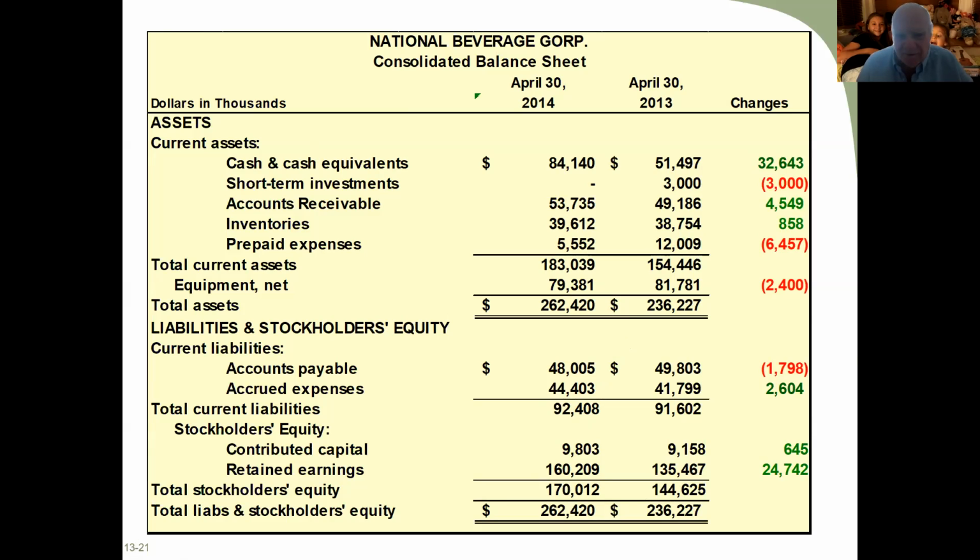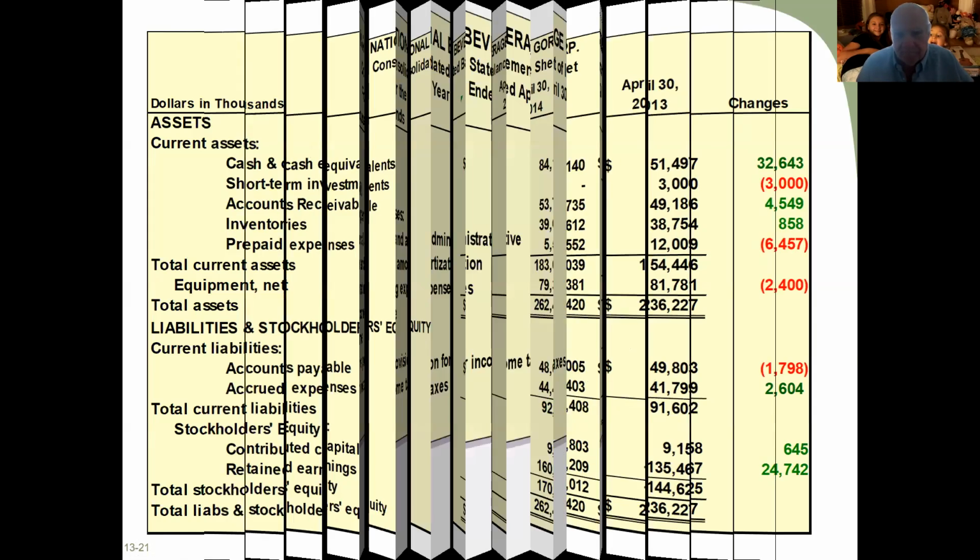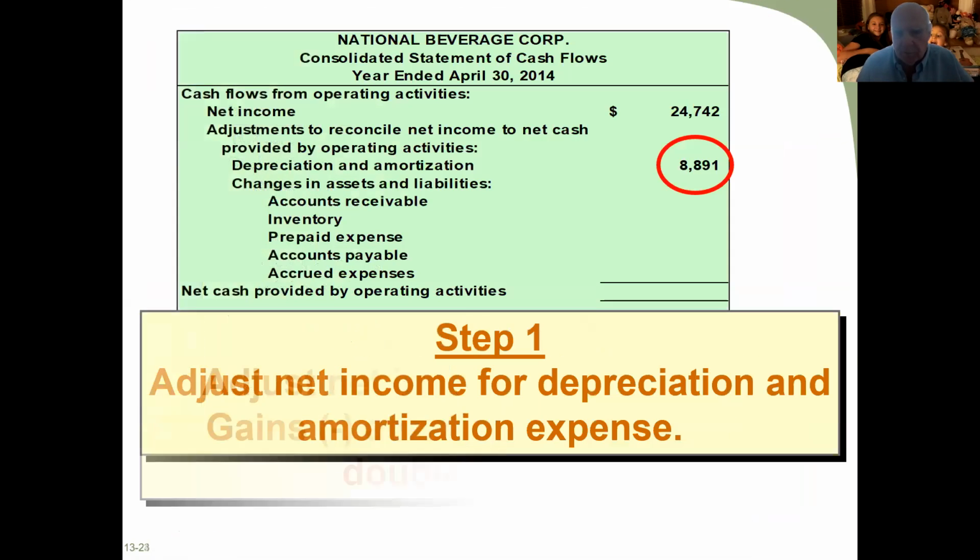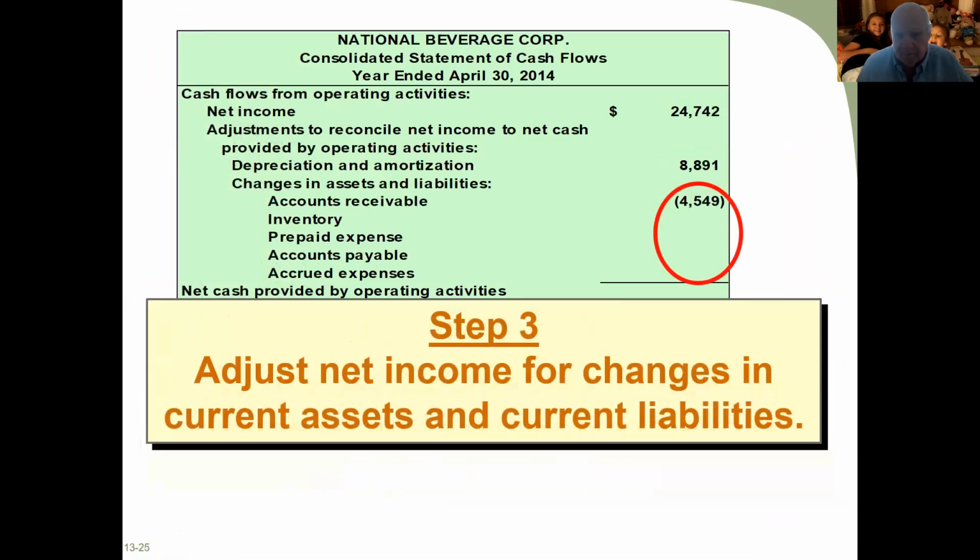If the accounts payable increases, that's a positive cash flow. If we pay people, that's a negative cash flow. So accounts payable just follows the normal sign control.